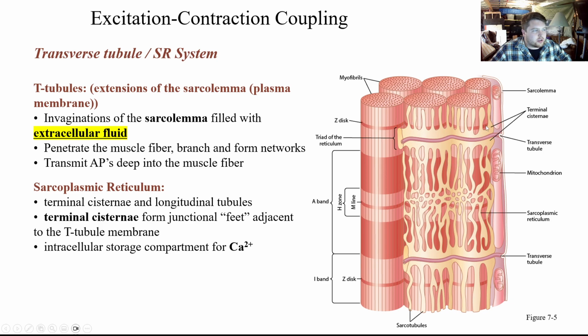The main function of our terminal cisternae, of our sarcoplasmic reticulum, is going to be calcium storage, for when we want to release calcium into the myofibrils in order to cause contraction, which again we're going to have to double back a little bit and look more at the super specific anatomy of these myofibrils, which is that second bullet point that we mentioned.